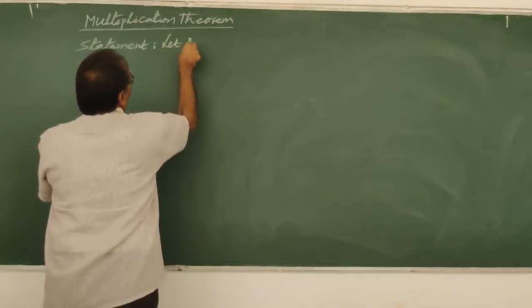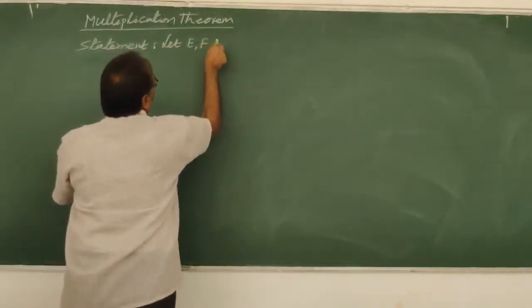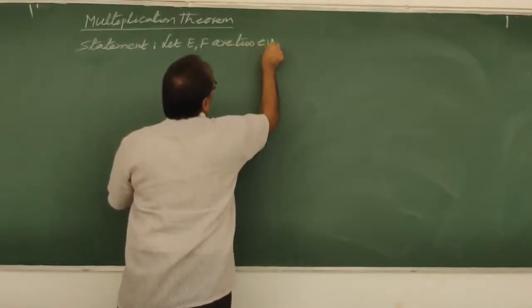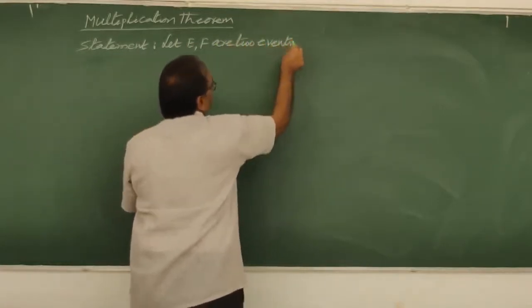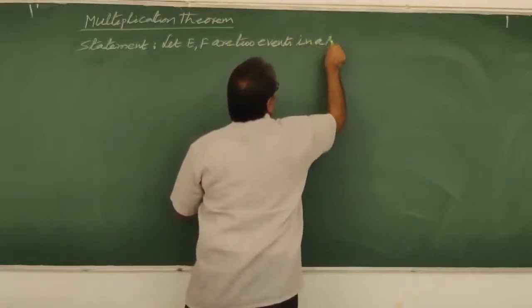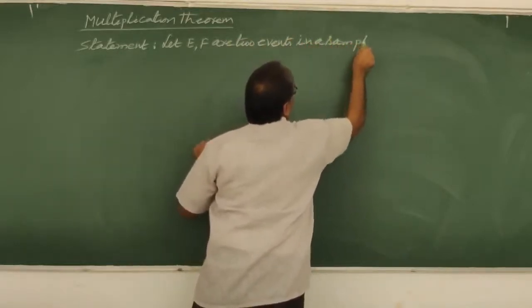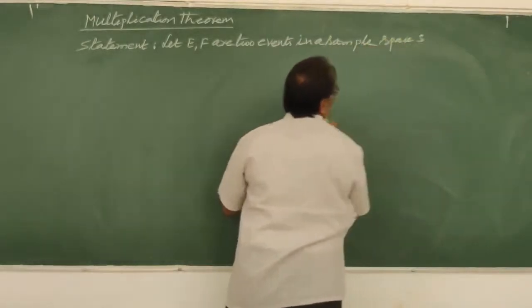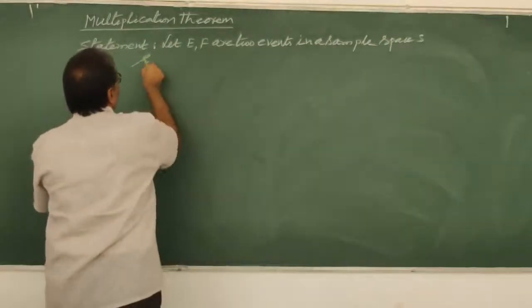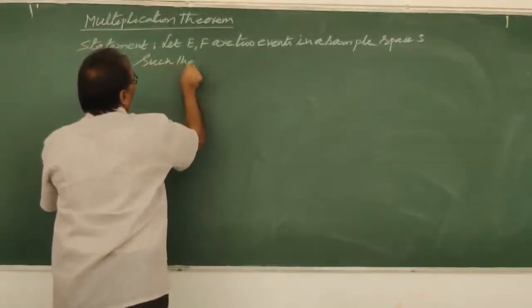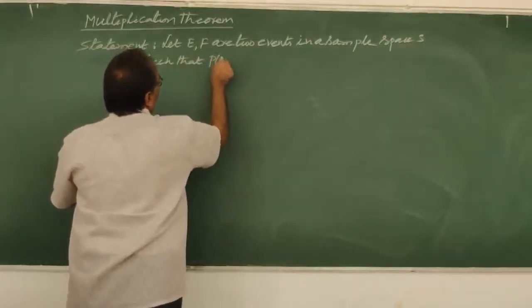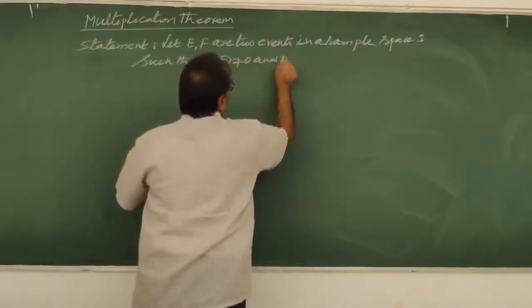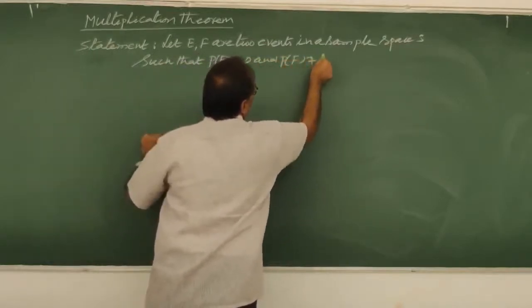Let E, F be two events in a sample space S such that P of E is not equal to 0 and P of F is not equal to 0.